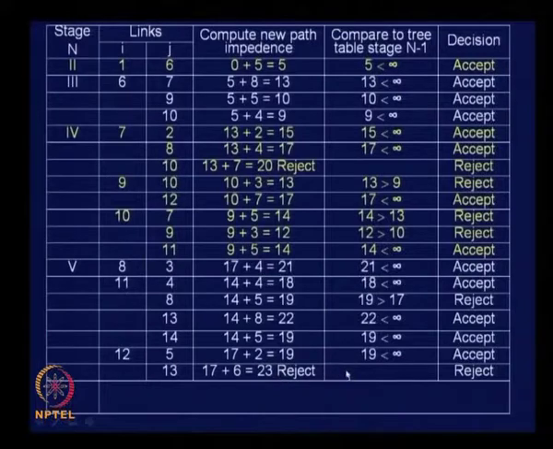That is why I have not written anything in this column, I have just written reject here itself, because it is not as per the guideline given on top of this particular column, isn't it? It is in comparison with the previous step, whereas what we do here is in comparison within this step. Anyway we have to reject, so I write reject here and reject in the final decision making column also, right.